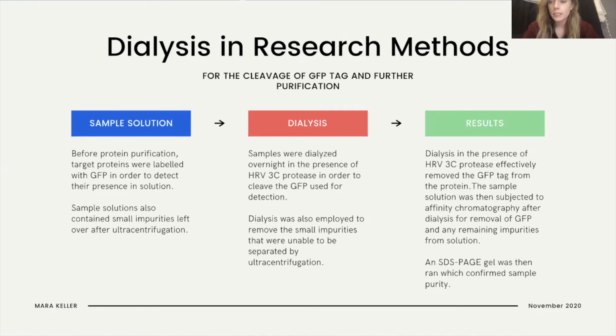And actually in dialysis, the buffer solution used in this experiment, they didn't go into extreme detail of exactly what type of buffer solution was used. However, they did do this dialysis in conjunction with cleaving the green fluorescent protein off of the transmembrane protein.